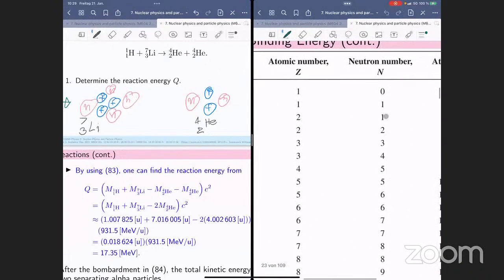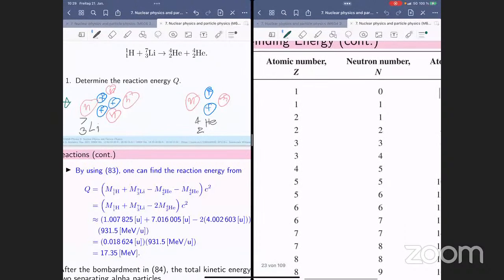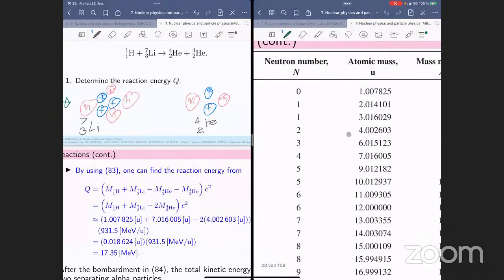This is helium-3, this is helium-4. We're going to pick up this value, 4.002603. But once we have 2 pieces of the particle, we're going to have 2 times that number, 8.005206. All right.